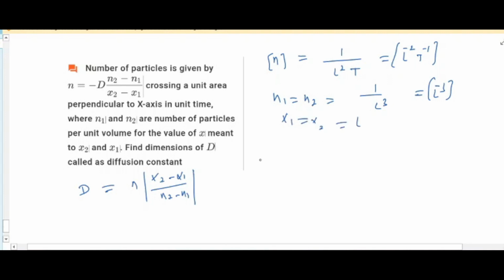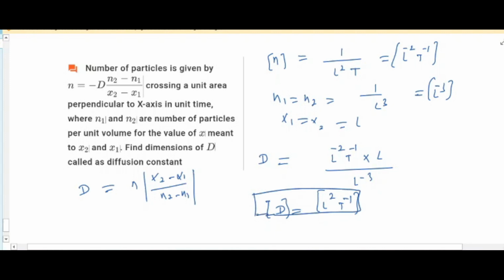This becomes L. Therefore, D is equal to N means L to the power of minus 2 T to the power of minus 1 into x2 minus x1 L by n2 minus n1 L to the power of minus 3. Therefore, D is equal to L square T to the power of minus 1. This is the final answer, dimensional formula for diffusion constant.